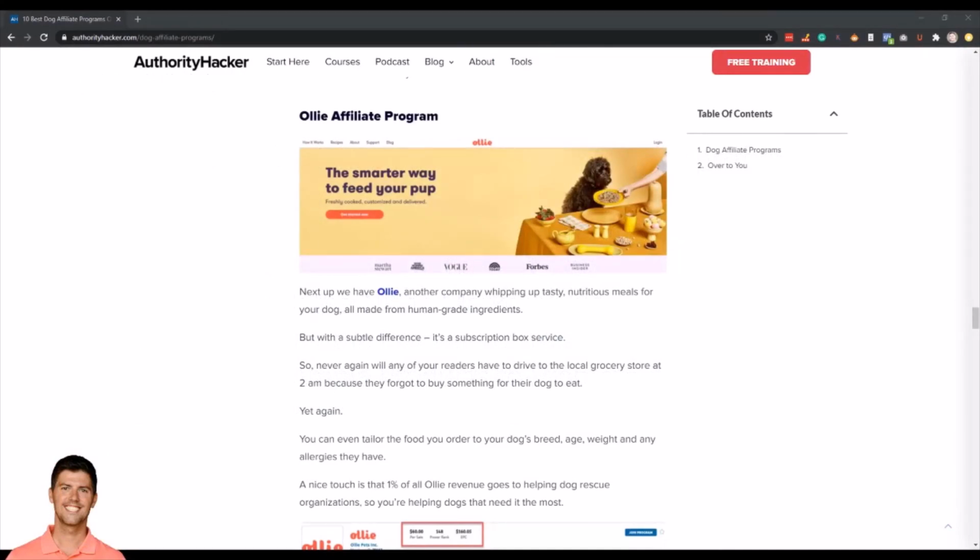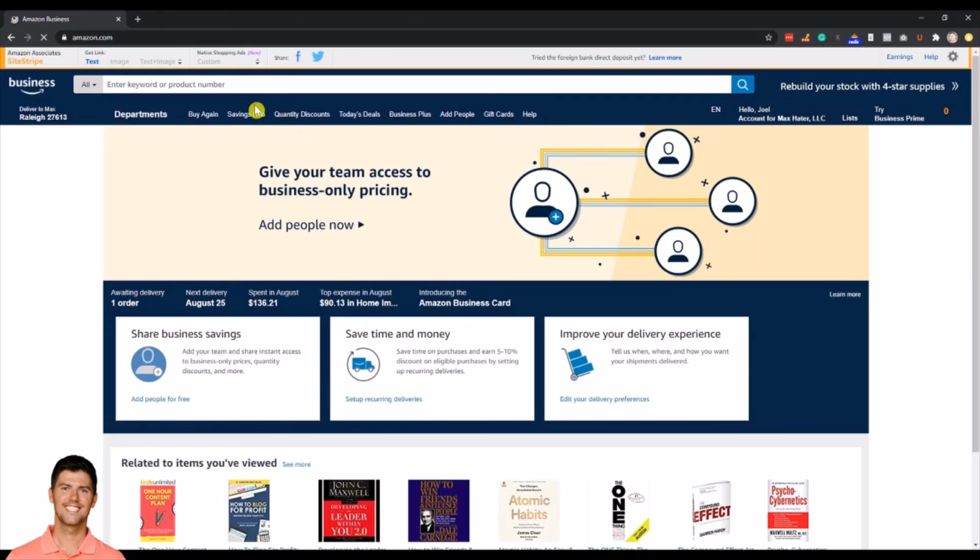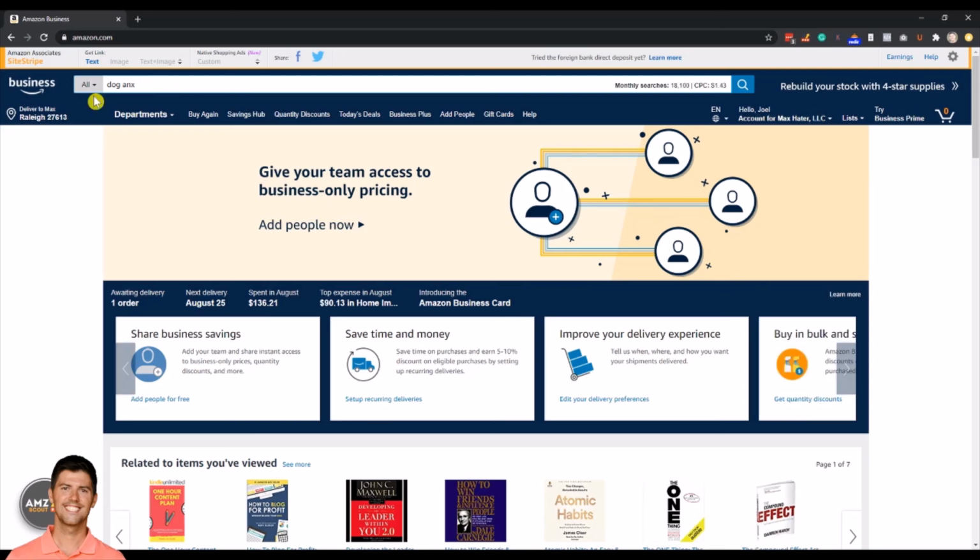I would do first, and I'm going to click on my browser, go to Amazon, retype in anxiety or dog anxiety. And maybe actually in this example, I'm going to go down to a specific product because I wanted to check out the dog anti-anxiety bed.